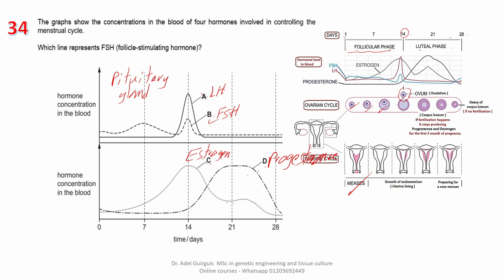Till day 14, another hormone secreted from the pituitary gland called LH, luteinizing hormone, which triggers release of the mature ovum from the follicle. The ovum passes passively to reach the oviduct and stays there, waiting for a certain sperm by chance to fertilize it.